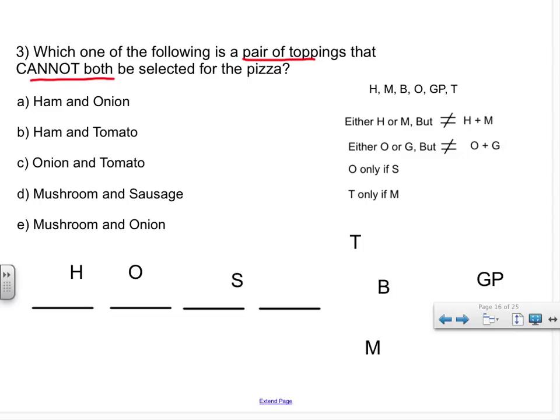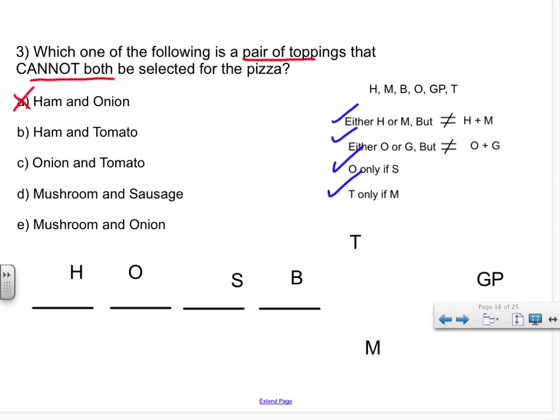I know from the previous question that HOSB will work, but let's just double check. H or M, we're good. O or G, we've got O only if S, and T only if M. Well, there's no T in the diagram, so we know that this could be selected as a possible choice, so A is eliminated.